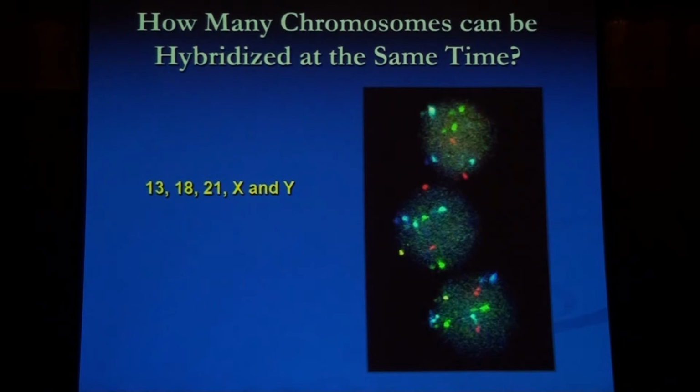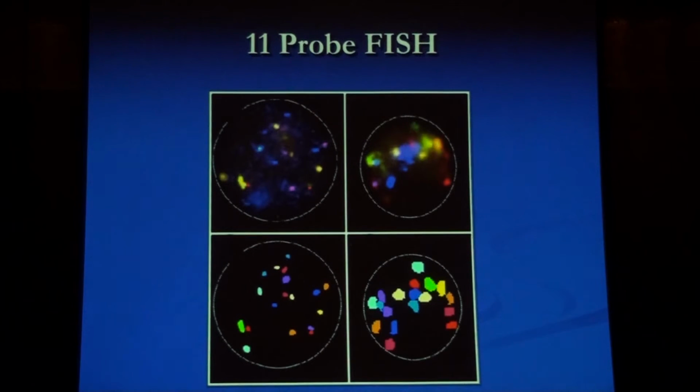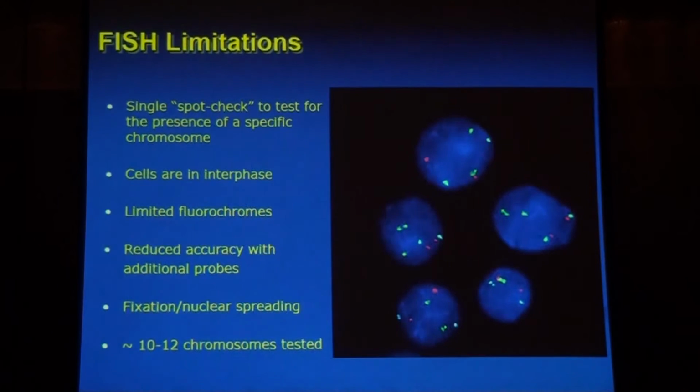The FISH technique with its revolution still has limitations, because you can only offer 11 different colors of FISH probes, and this creates a problem also because it depends on the examiner. If you look under the microscope, you have different colors, you can have mistakes, or you can have overlapping of different colors. So this is one of the limitations of the FISH technique.